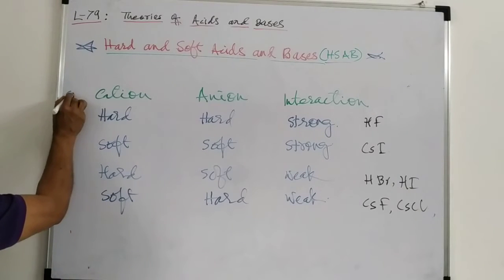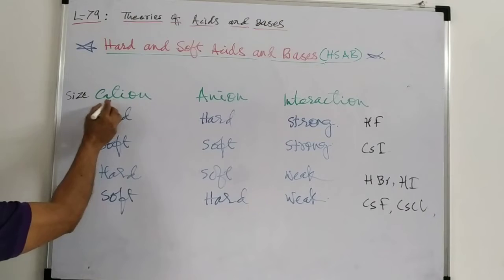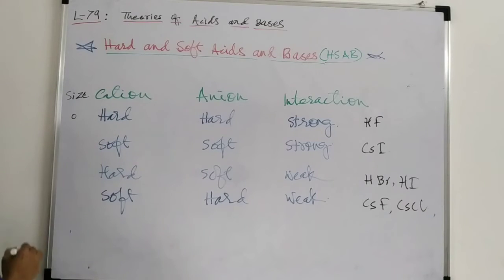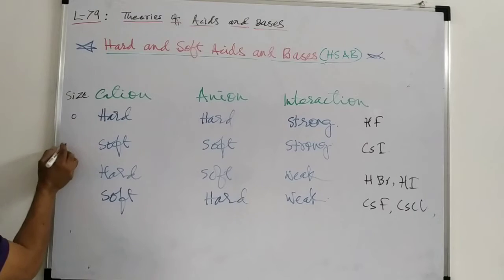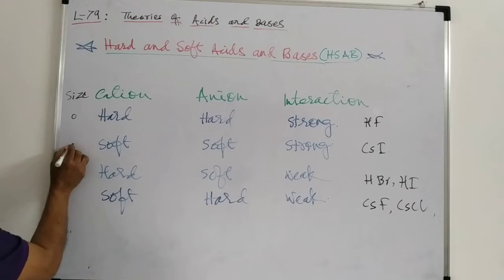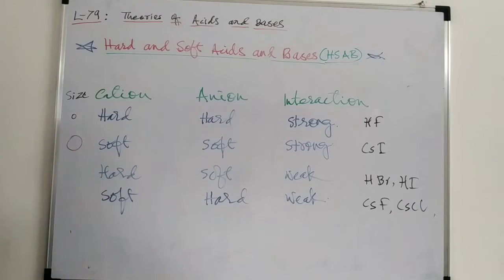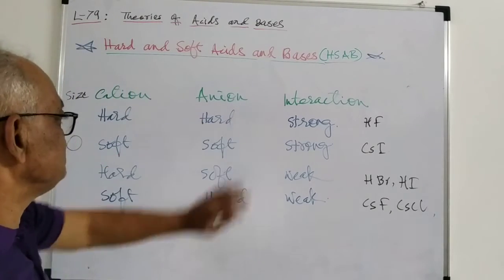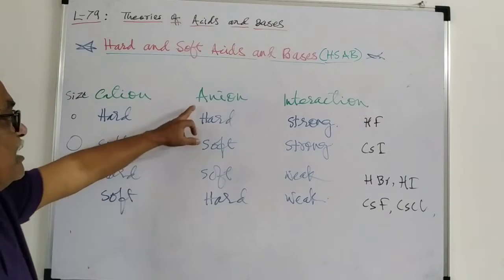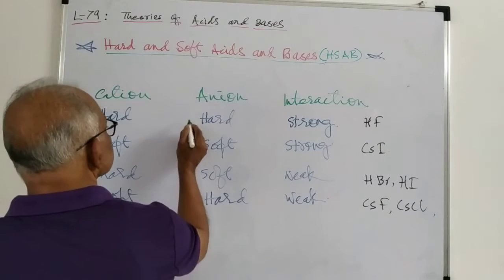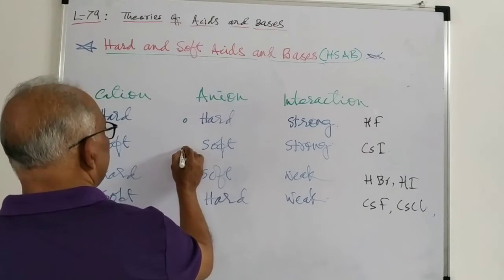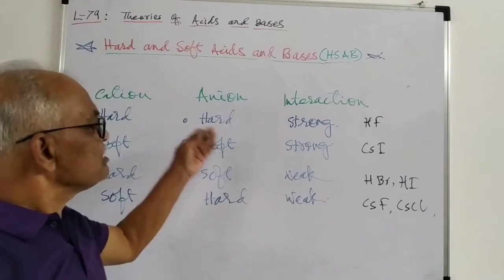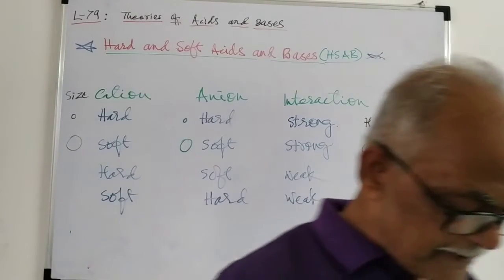If we consider the size of the species for cations, then for hard it is small, and the size of the species for soft is larger. Here also the same case in case of anions. If the anion is hard, it is smaller, and if it is soft, it is larger in size. So we can compare the size.